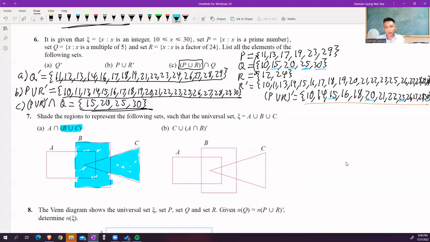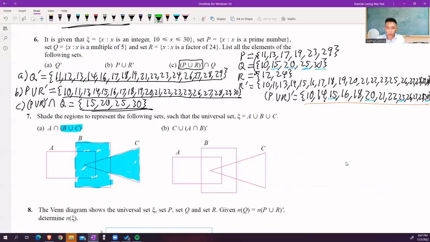And then intersect A. Intersect A means inside of A. So I have to consider what I already have, what also will be inside A.